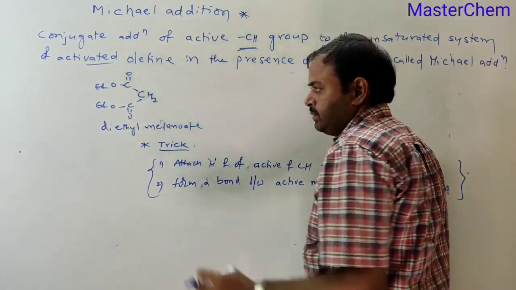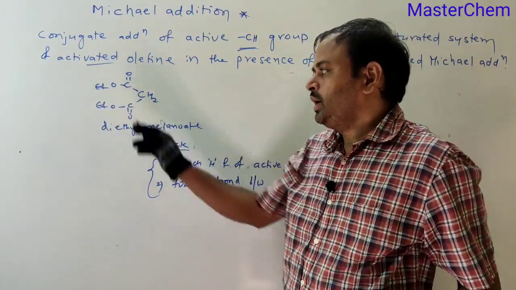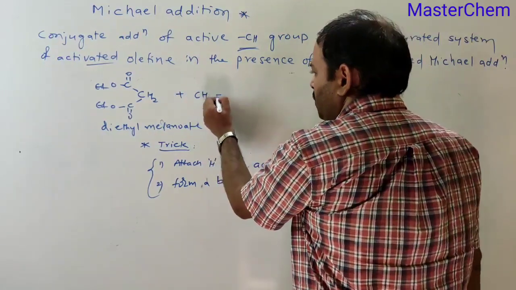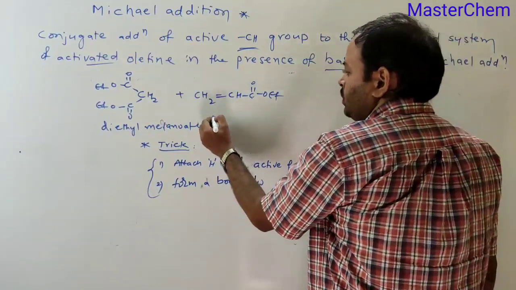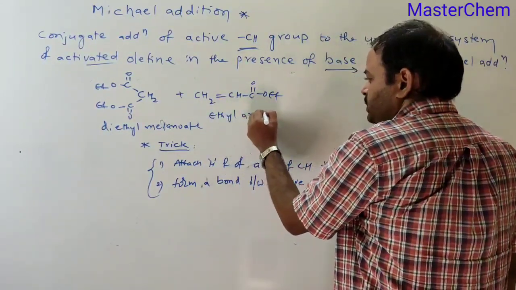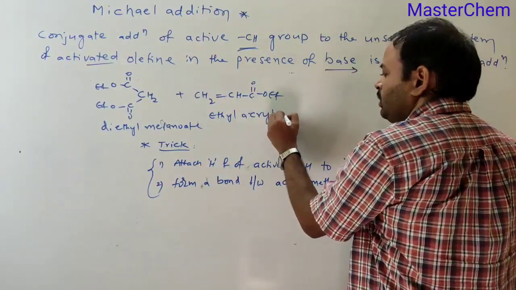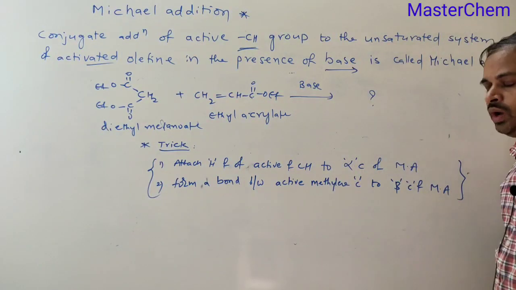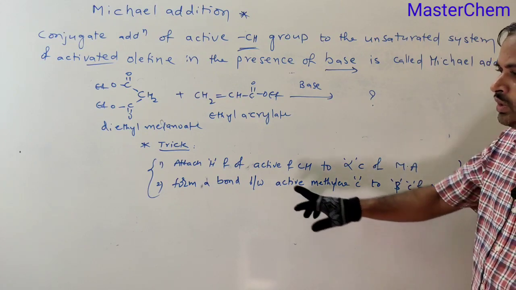This is from malonic acid, three carbons, a dicarboxylic acid. So diethyl malonate plus CH2 double bond CH COOEt, that is ethyl acrylate, in the presence of base. Now we have to write the product, the Michael adduct. So how do we write this?